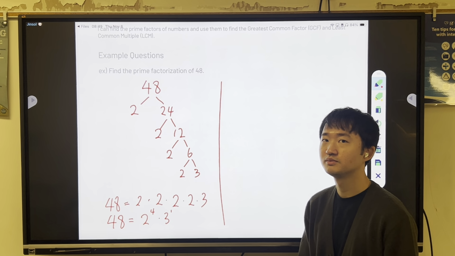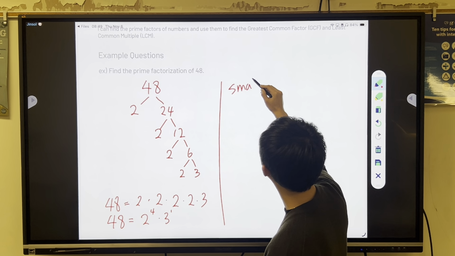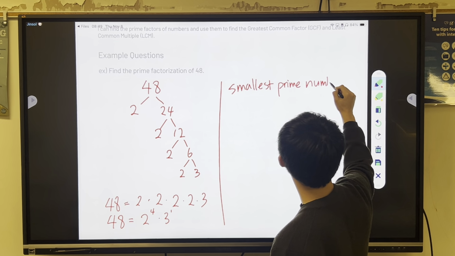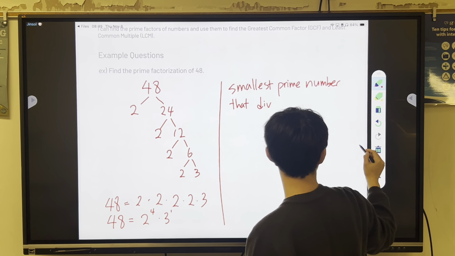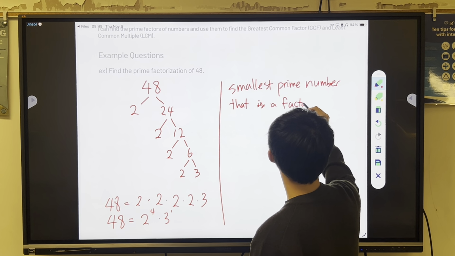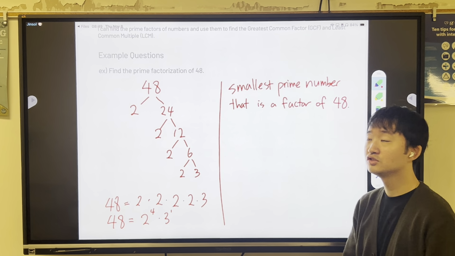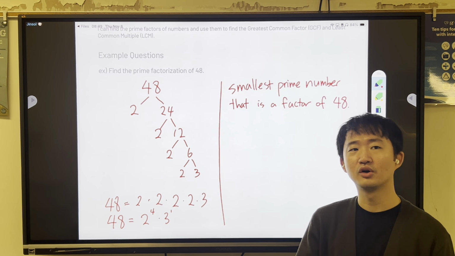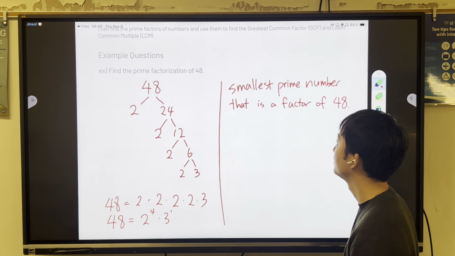Let's annotate our process. To prime factorize, we find the smallest prime number that divides, or that is a factor, which was obviously 2. We always want to start with 2, the smallest prime number. If it doesn't work, we will go with 3. If it doesn't work, we go with 5. If it doesn't work, we go with 7, and so on.